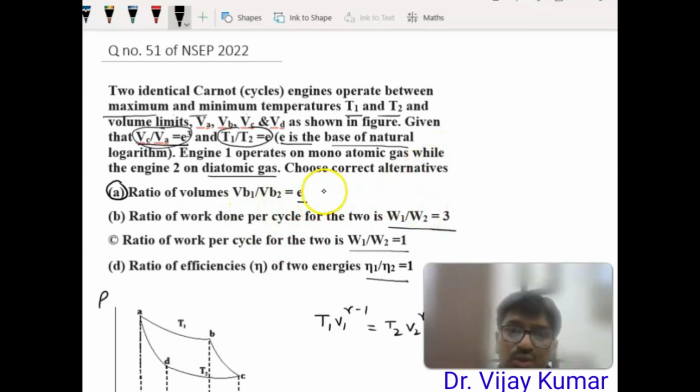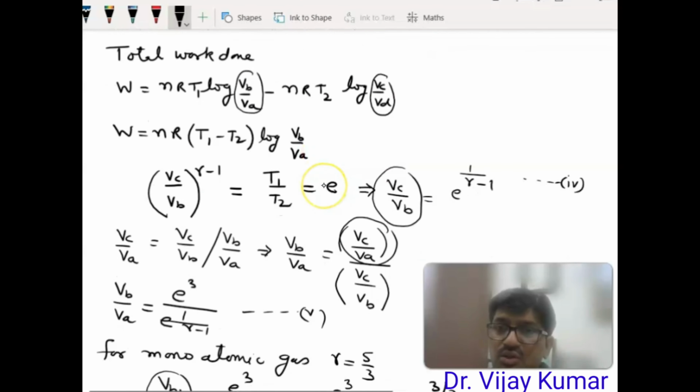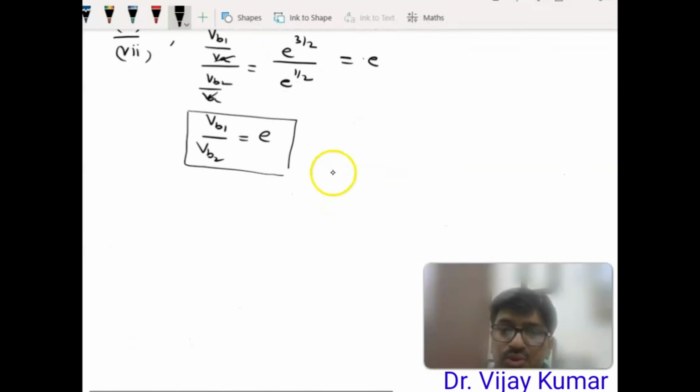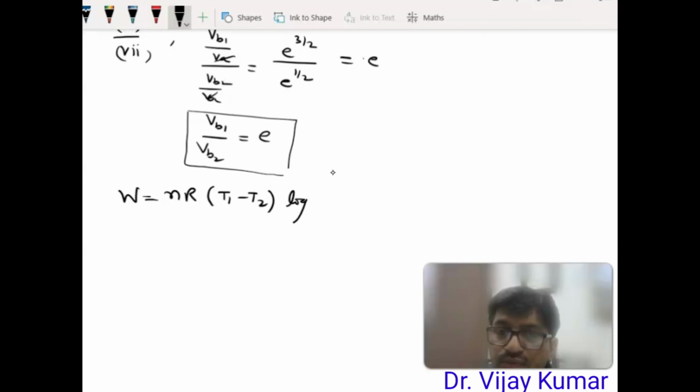Now we will check for another option, as this question has more than one option. So now we know that W is equal to nR (T1 minus T2) log VB1 upon VA.